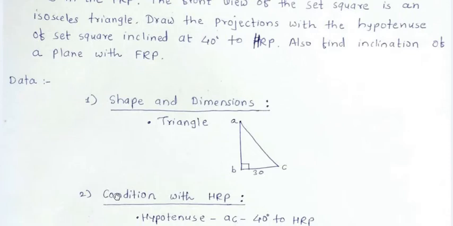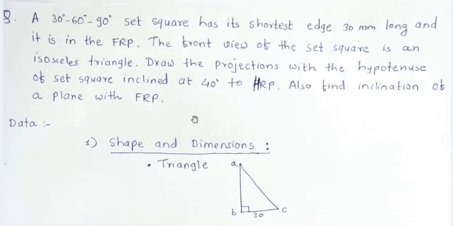Now second, condition with HRP. In all our problems, we have followed these stages. The second thing in the data would always be the condition with respect to HRP. By condition with respect to HRP, we mean anything given in the problem with respect to HRP. So we'll read the problem for this condition.